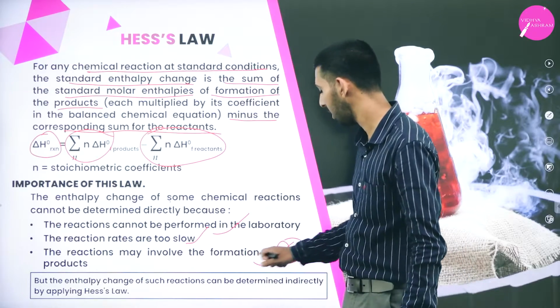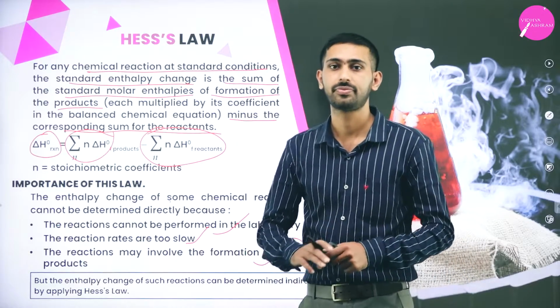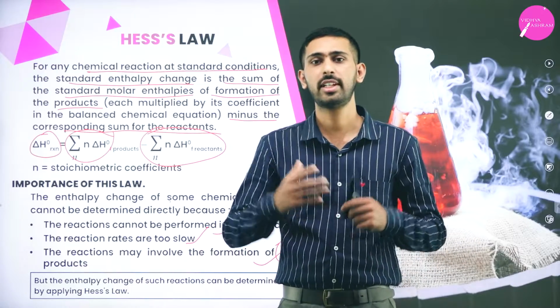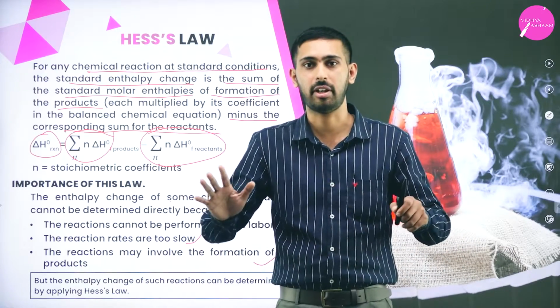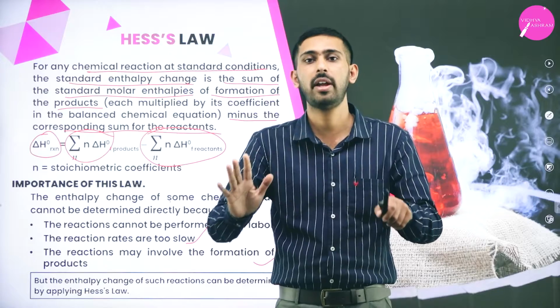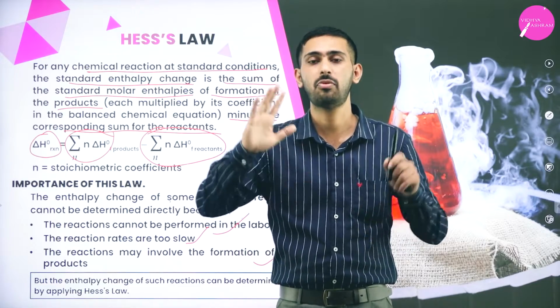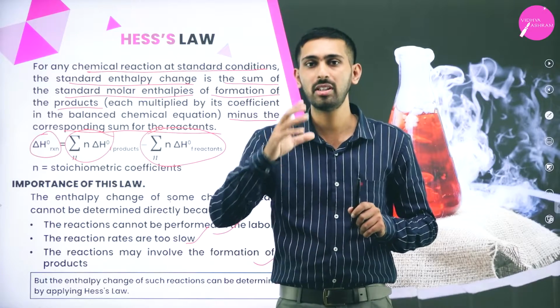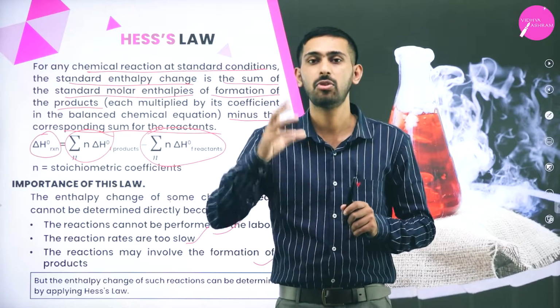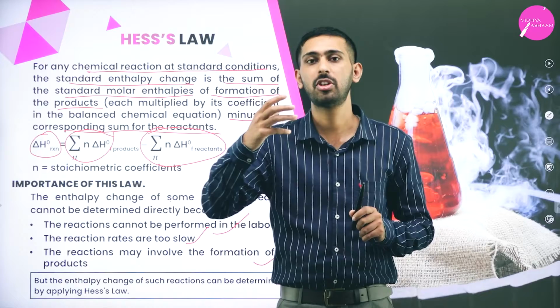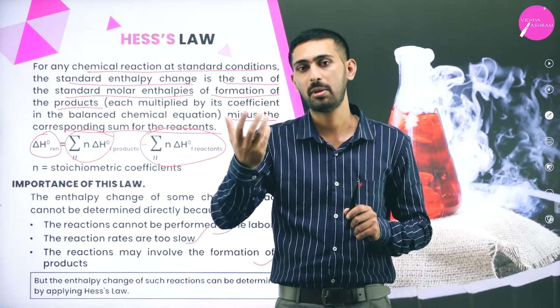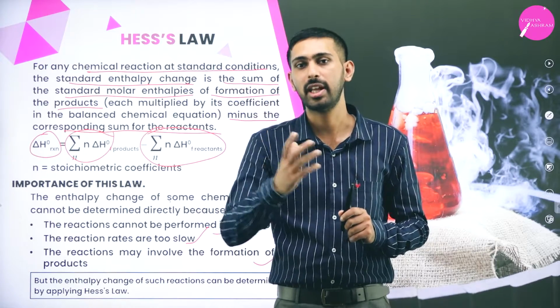Here why are we saying side products? Because when you are doing the reactions in an open environment, not in the laboratory, your chemical substances may absorb heat or other gases from the atmosphere.